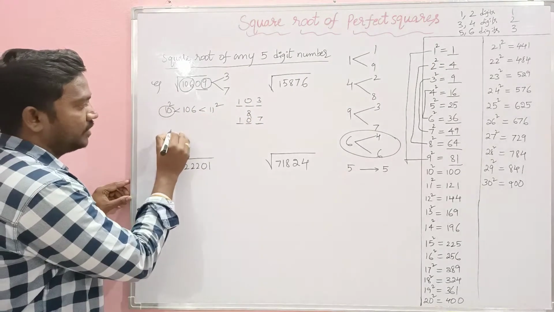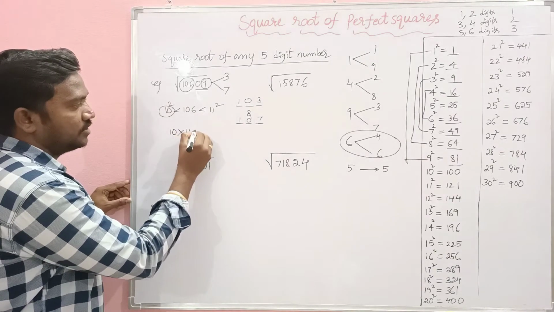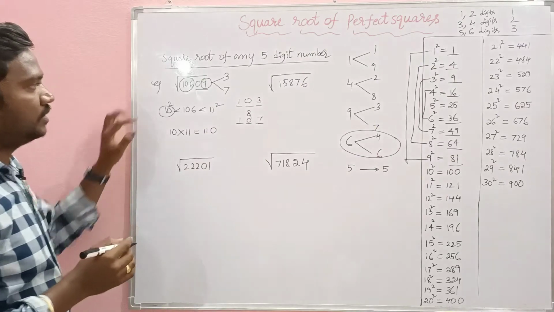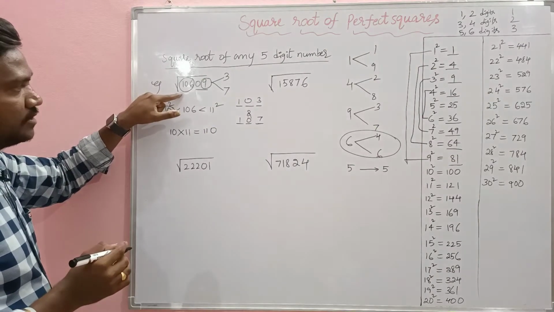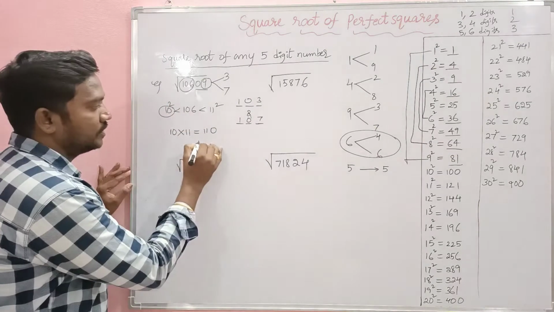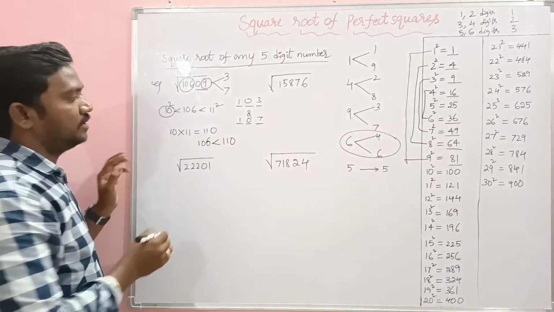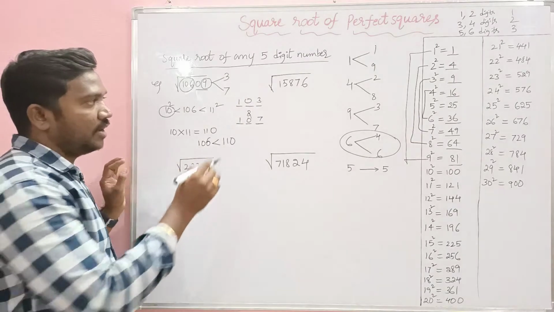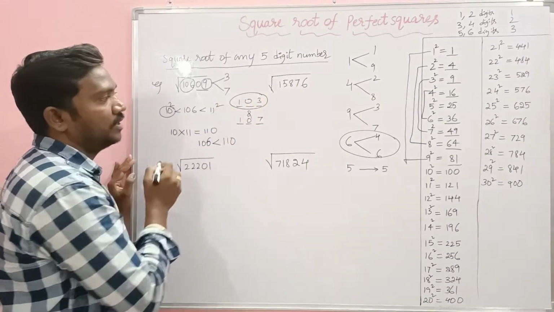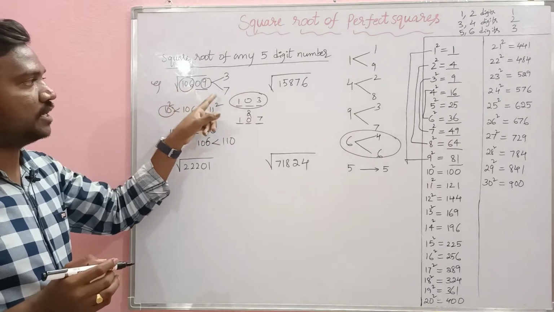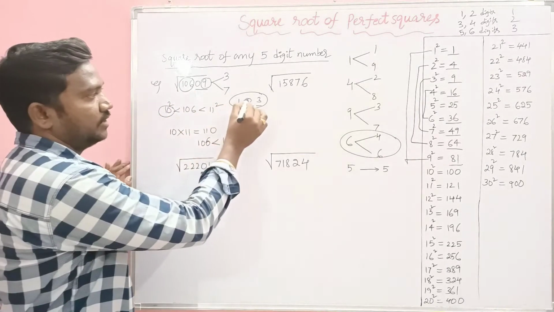Now the third step, multiply 10 by its consecutive number, 11, which is 110. Now compare this 106 with 110. So 106 is less than 110. So here we have to take the smaller number. So the square root of 10,609 is nothing but 103.